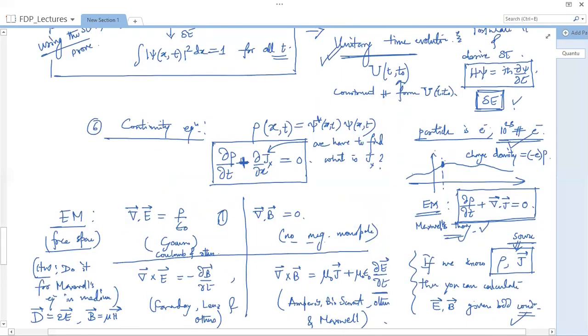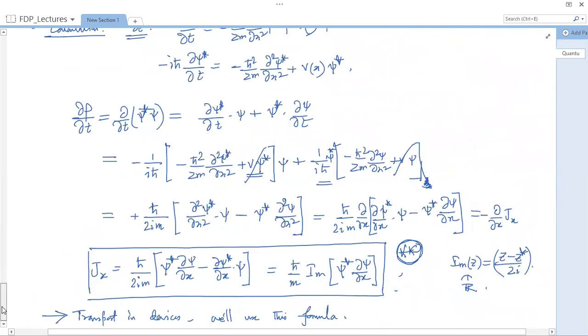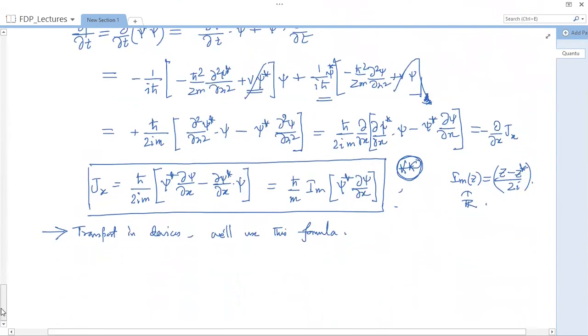If you think of many electrons given by this one-particle Schrodinger equation, and they are independent, then the electron density will be governed by the probability density. This is exactly now an important consequence.